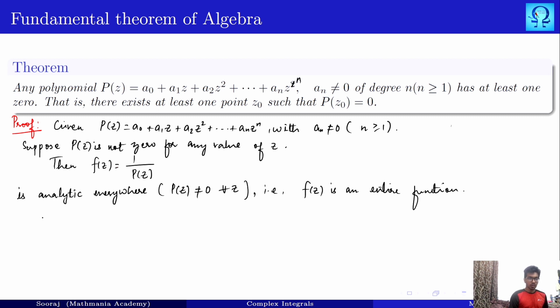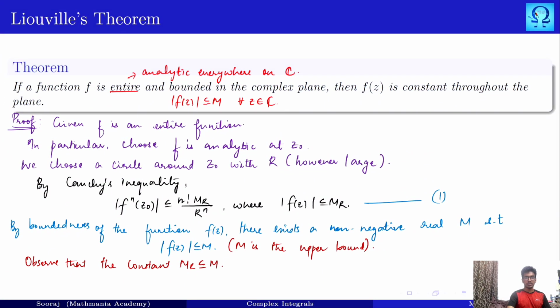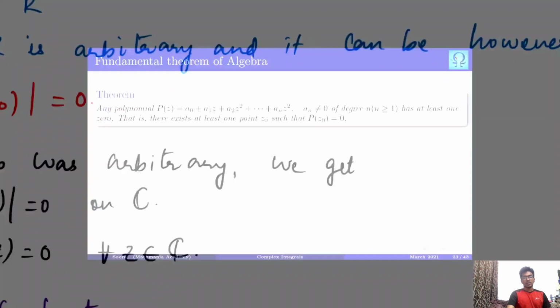Right? Okay, now let us claim this f of z is bounded. So what is the purpose of showing it as bounded? Because in the previous lecture we proved in Liouville's theorem that if an entire function is bounded in the entire complex plane, it has to be a constant one, right?